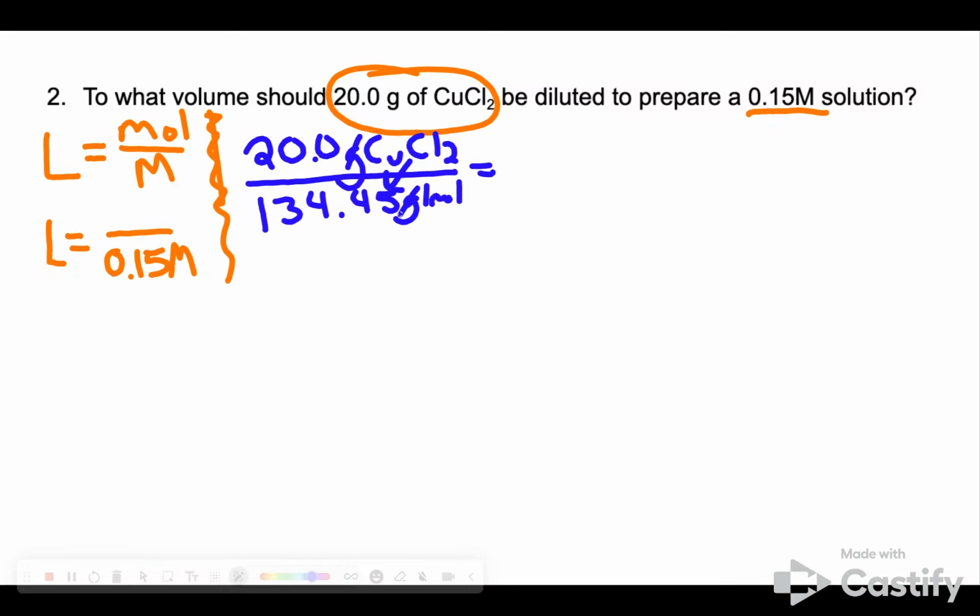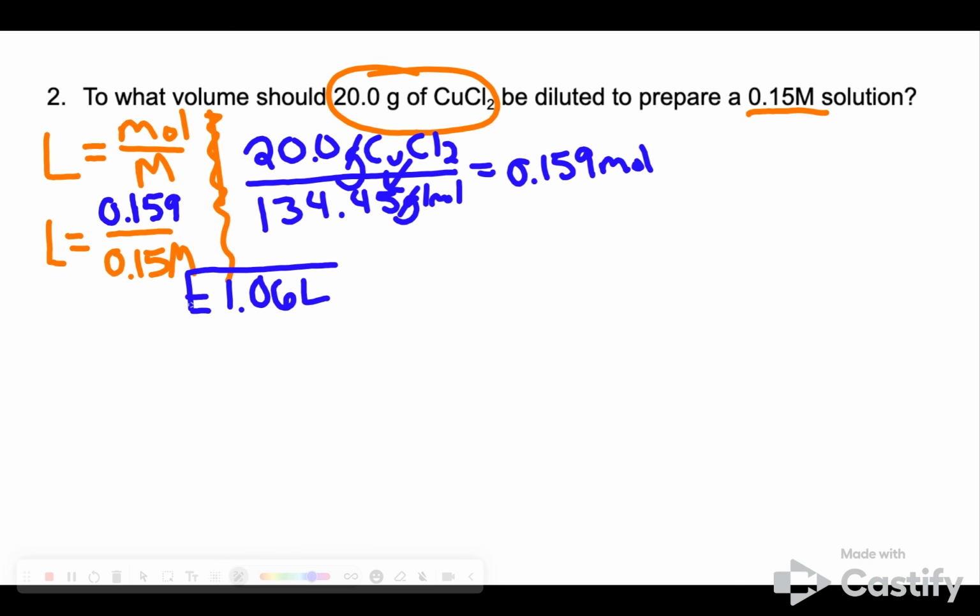My grams cancel out, and I end up with 0.159 moles. Now I can take the moles I just solved and put it into the equation by substitution, 0.159. If I plug this into my calculator correctly, I end up with 1.60 liters as my answer.